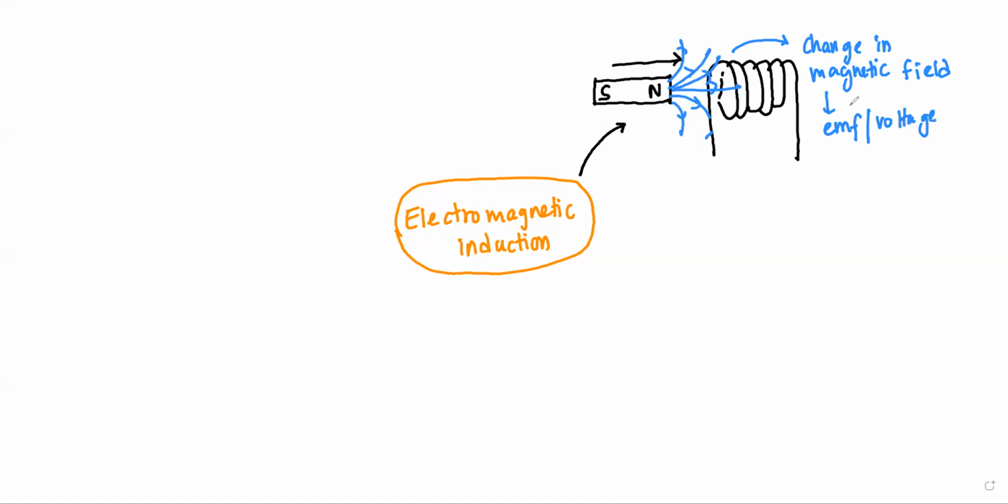So a wire or a conductor or coil, when it experiences a change in magnetic field, in simple words when the conductor cuts through the magnetic field, the conductor or the coil is capable of generating electricity or voltage, EMF. This phenomenon we call electromagnetic induction.